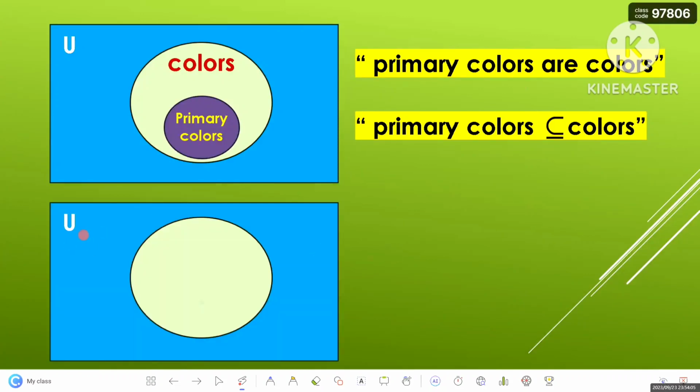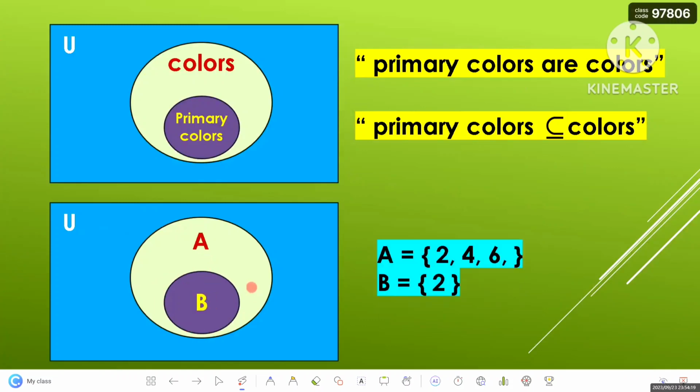Another example, if we have a universal set like this and this white circle is denoted as A. Let's say this is set A. And this violet circle is our set B. Say, set A equals 2, 4, 6. And set B is equal to 2. Meaning, the subset of the two is 2, because 2 is also a member of A. As you can see, they have common elements.